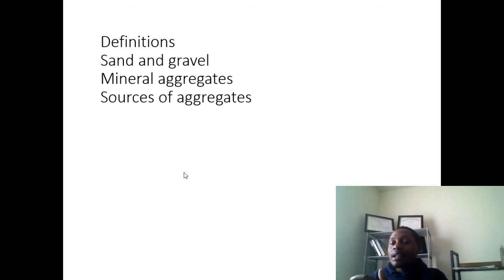So those are many definitions that you need to know under the chapter on aggregates, okay? You also need to understand the sands and the gravel, okay? The materials that go through the sieve number 4, okay? And the materials that are retained above the sieve number 4, okay? You also need to understand the mineral aggregates, okay? And the sources of aggregates.